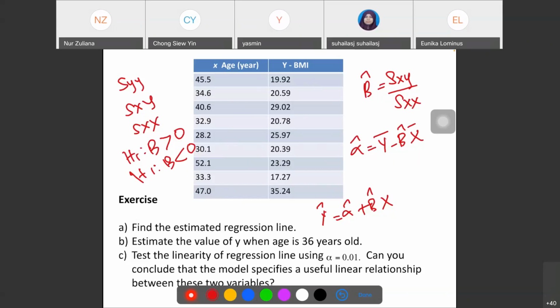Try to solve this one. Enter your data in your calculator, find alpha hat, find beta hat, and then estimate the value of y when age is 36. We have around 9 observations. Try for 5 minutes, okay?